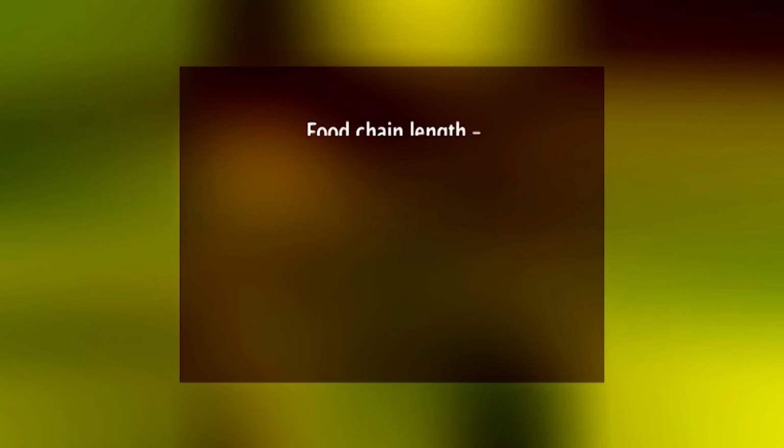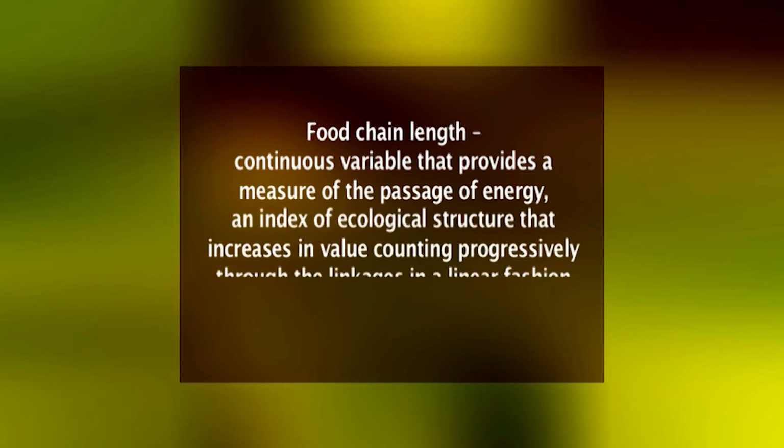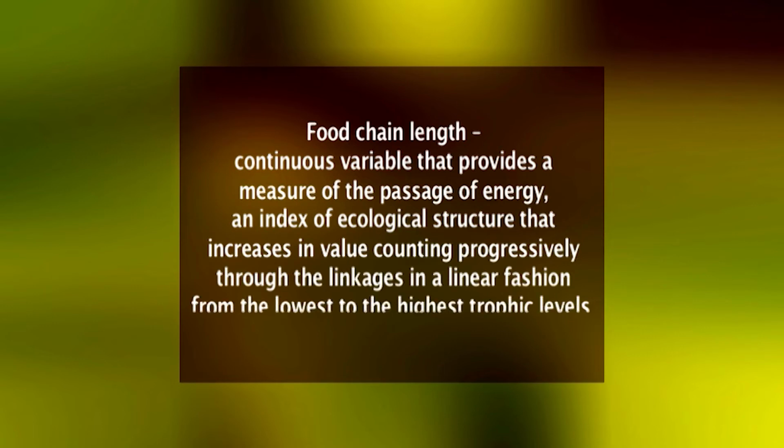Then comes the next term, food chain length. Food chain length is a continuous variable that provides a measure of the passage of energy and an index of ecological structure that increases in value, counting progressively through the linkages in a linear fashion from the lowest to the highest trophic levels.